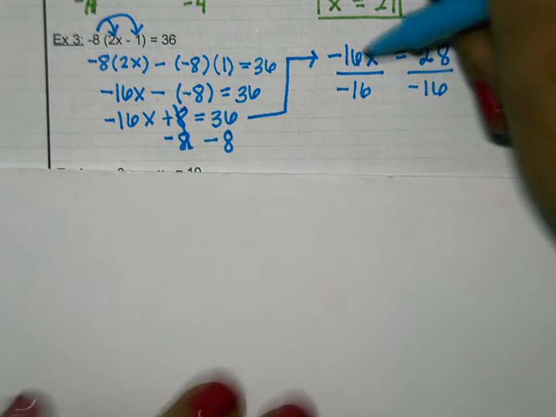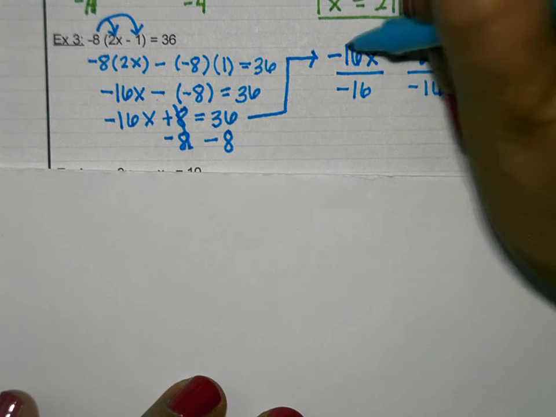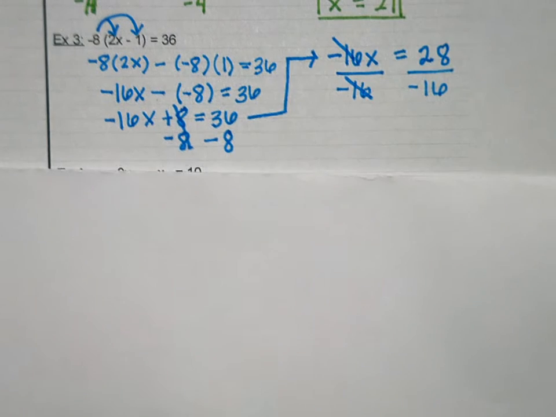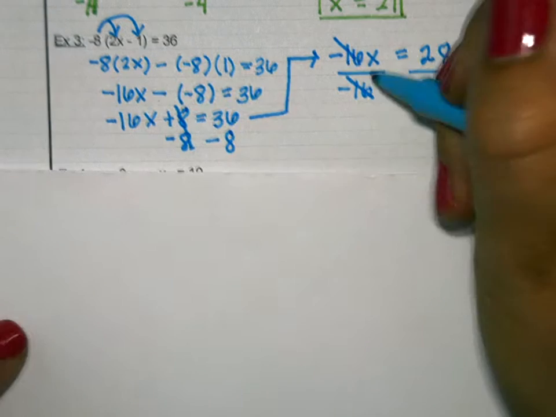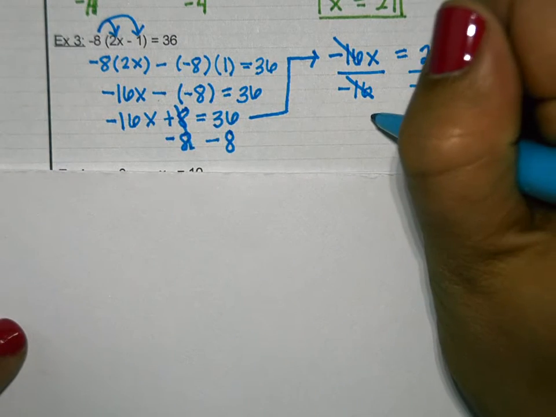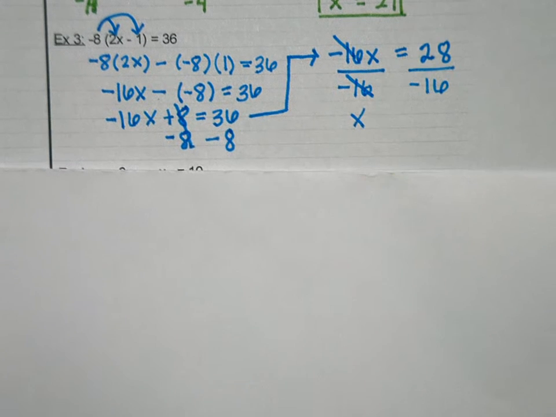Negative 16 divided by negative 16 reduces to 1. So on the left-hand side, I have just an x left over. Equals. On the right-hand side, I have a fraction, so I need to reduce that.